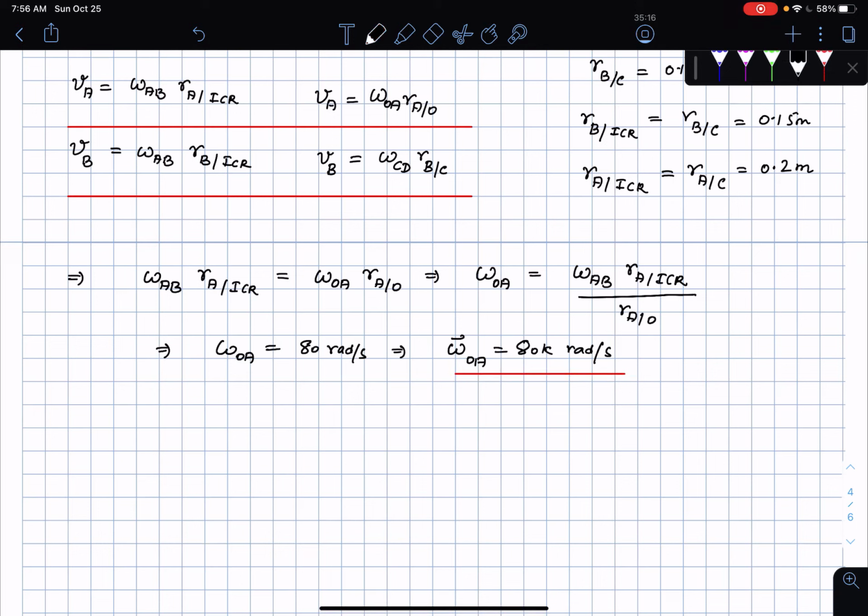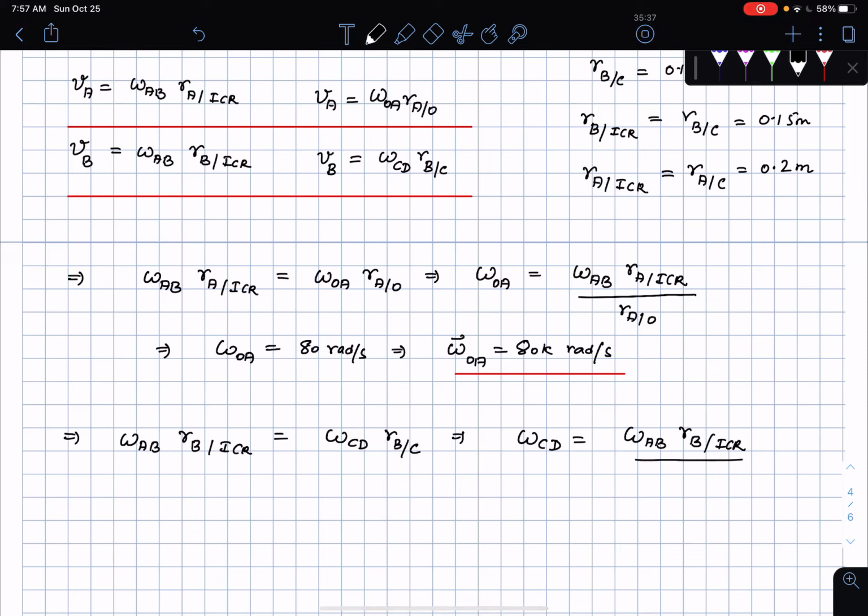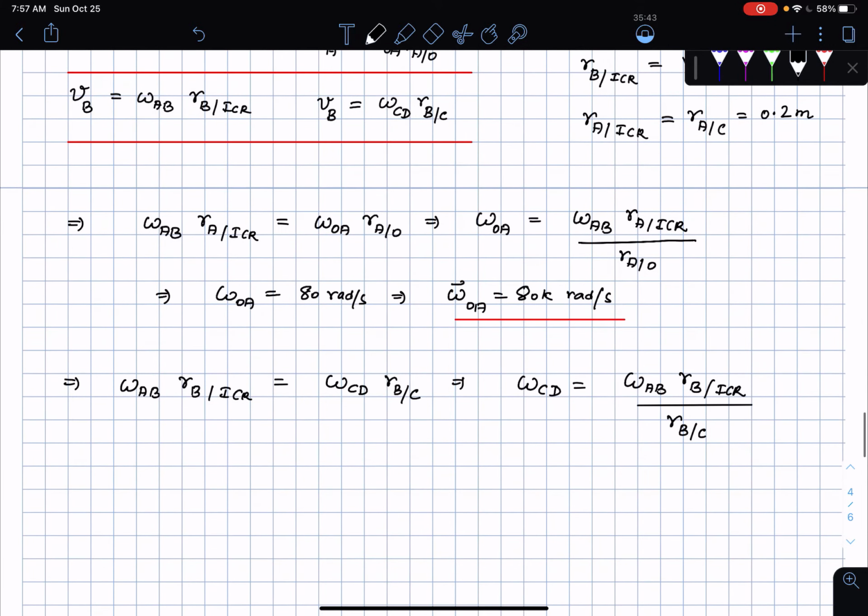And then likewise I can do the same thing. I can say that omega AB times RB/ICR is equal to omega CD times RB/C, or omega CD is omega AB times RB/ICR, all of this divided by RB/C. RB/ICR and RB/C are the same actually, right?